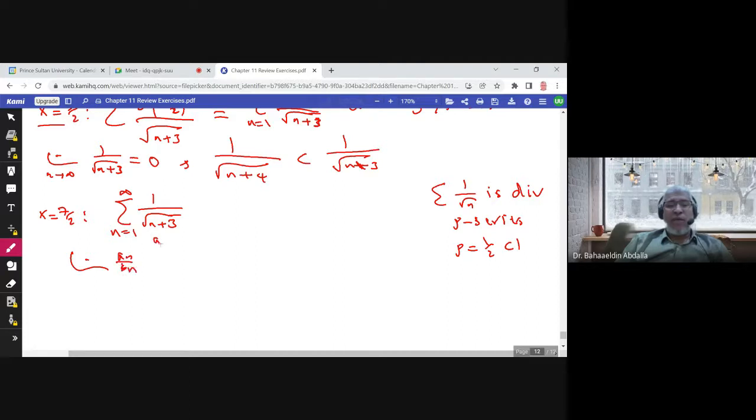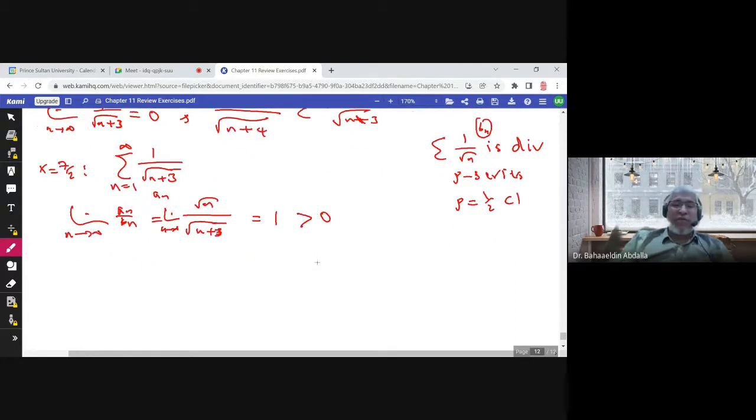Okay, well, this is an and this is bn. Using the limit comparison test when n goes to infinity. So I'll have 1 over square root of n plus 3 times square root of n will come here. And the limit when n goes to infinity would be square root of n over square root of n, that's 1, which is greater than 0.